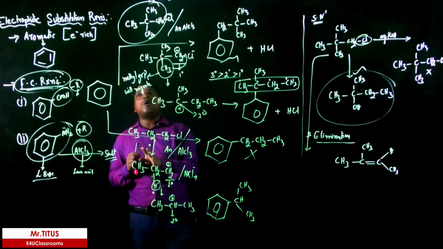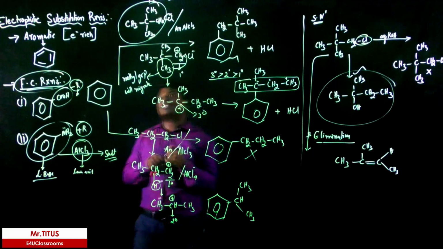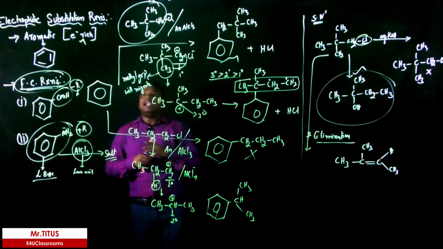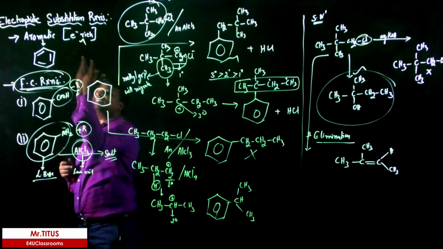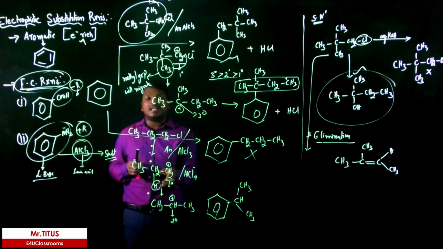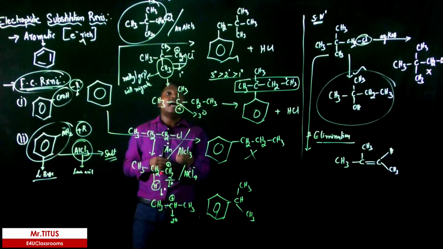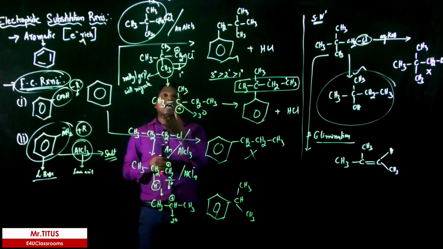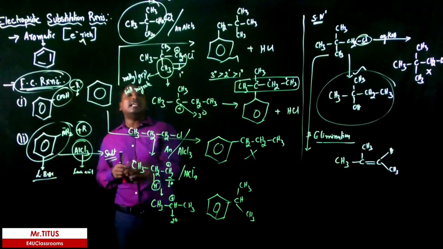I told you aromatic compounds will undergo electrophilic substitution reaction because they are electron rich substances. The famous example for aromatic substances I have taken is benzene, and I was discussing examples like nitration, sulfonation, halogenation, specifically chlorination and bromination, and Friedel-Crafts alkylation and acylation reactions.